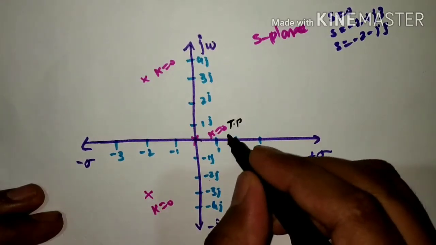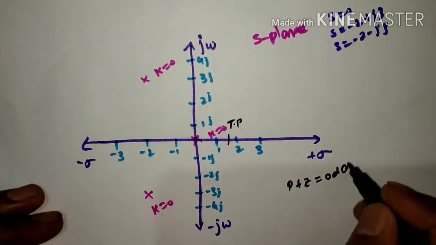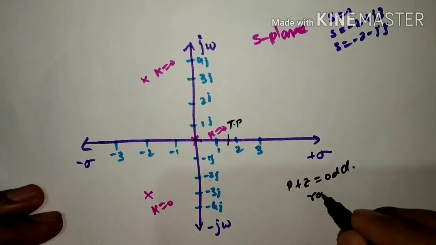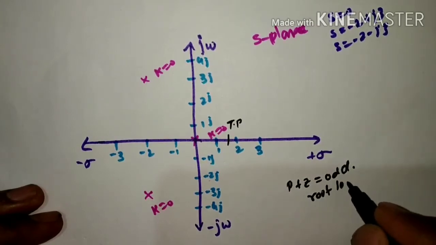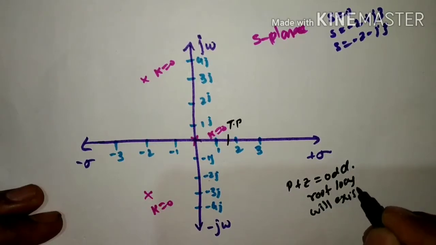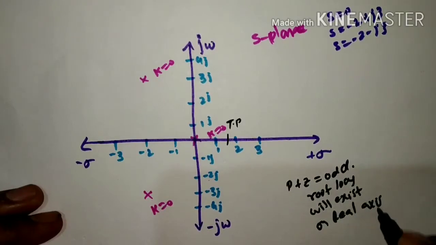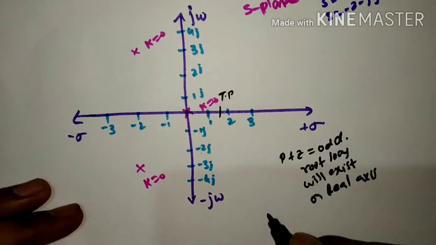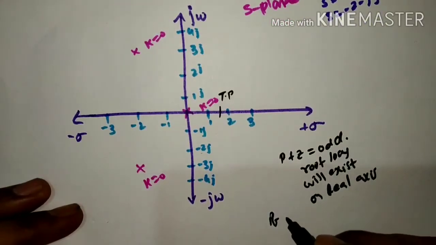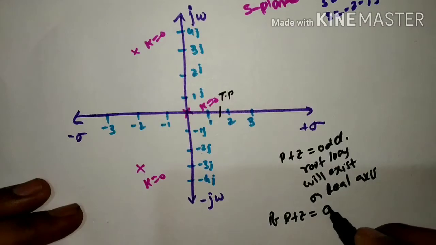For an odd number, the root locus will exist on the real axis.